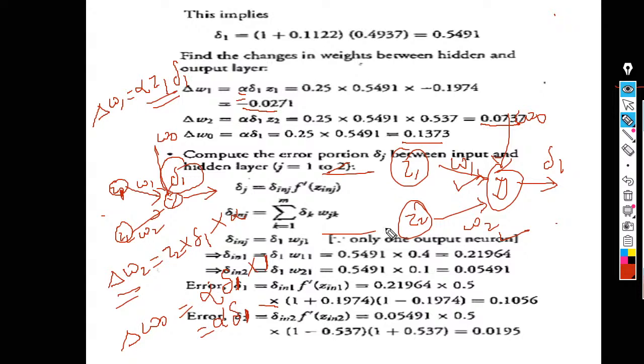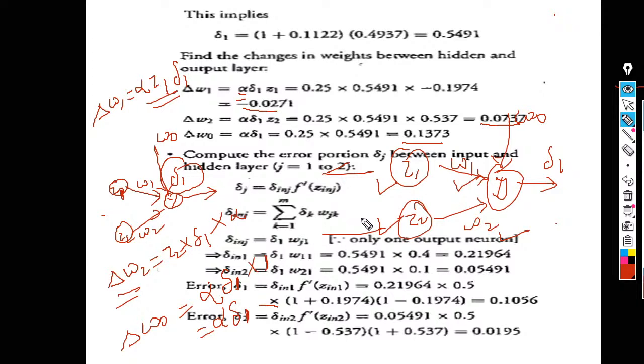So now we will calculate the net input error which is coming at Z1 and Z2, right? Then we will calculate the output of Z1 and Z2. After that we will calculate the change in weights of those weights which are coming to Z1 and to Z2. So the idea is like this.